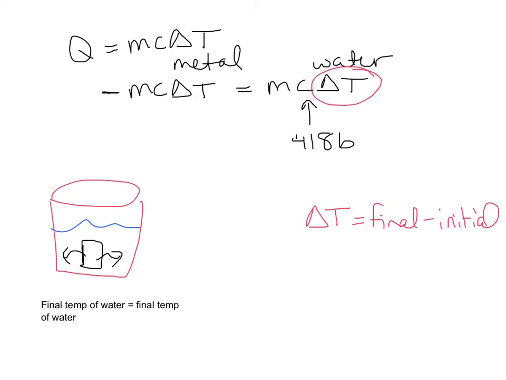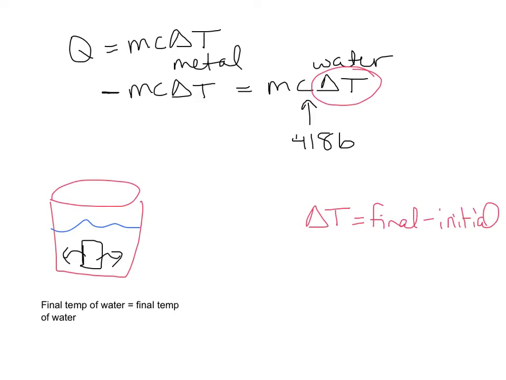Our final temperatures for both the water and the metal are going to be the same number. The initial temperature of the metal we got from the boiling water, because the piece of metal was in thermal equilibrium with the boiling water, and the initial temperature of the water was what it was in the calorimeter before we stuck that hot piece of metal in there.